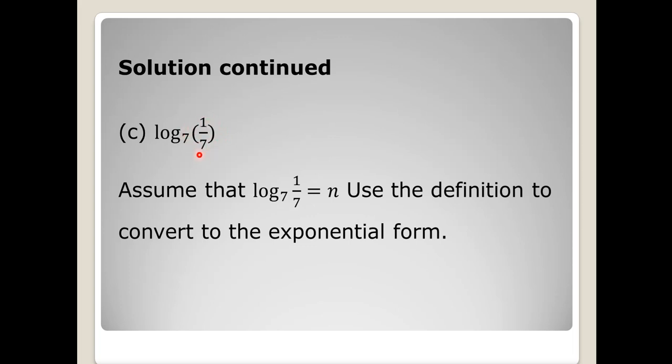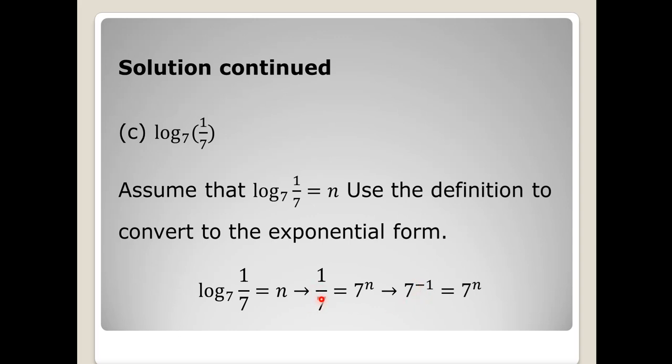Again, we assume this log number as n, and then use the definition to convert this logarithmic form to exponential form. So log 1 by 7 to the base 7 equals n can be converted to 1 by 7 equals 7 index n. And 1 by 7 we can write as 7 to the power of minus 1.